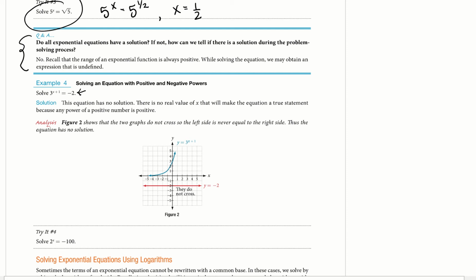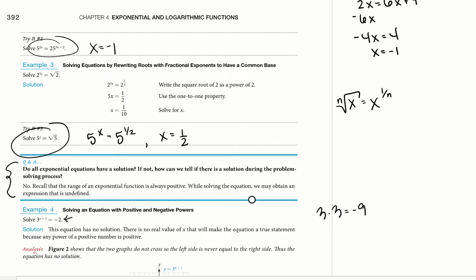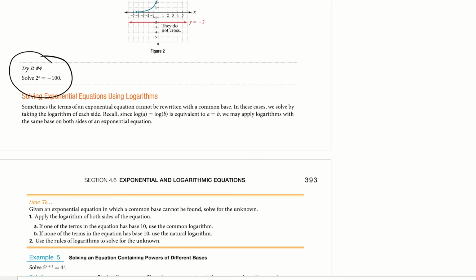Any positive number to a power will never give us negative. That just doesn't make sense. That's like saying 3 times 3 equals negative 9. Obviously, that would just not be true. So if you were to encounter anything similar to here, there is no solution. But then you would have to say why. Because.